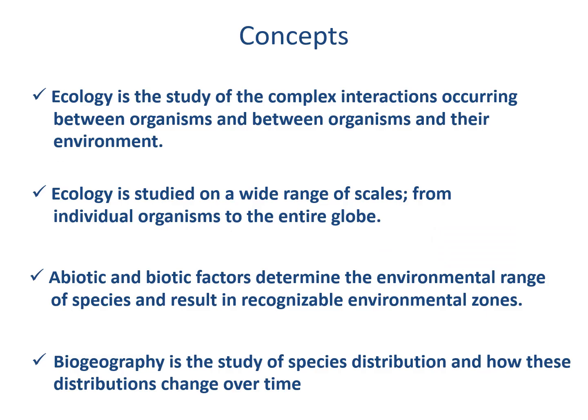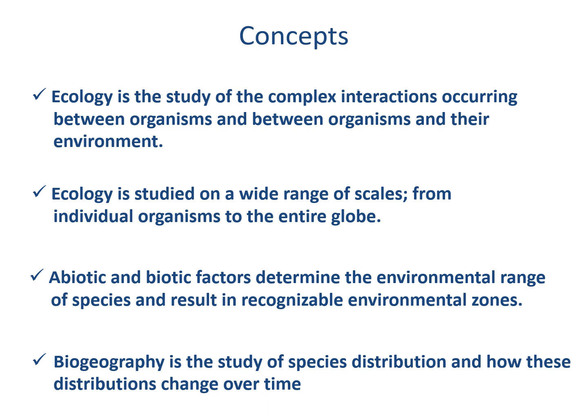Okay, this has been a rather quick introduction to ecology. Let's summarize what we talked about. Ecology is the study of complex interactions between organisms and also between the organisms and their non-living physical environment.